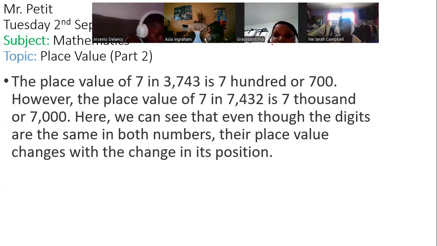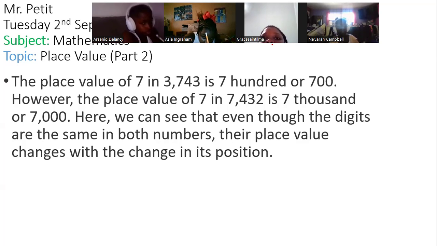Okay, so here we see that we have the same number, which is 7, but the place value of 7 is different depending on the position of 7 in that number. So the place value of 7 can be 7 ones, 7 tens, 700, or 7,000.